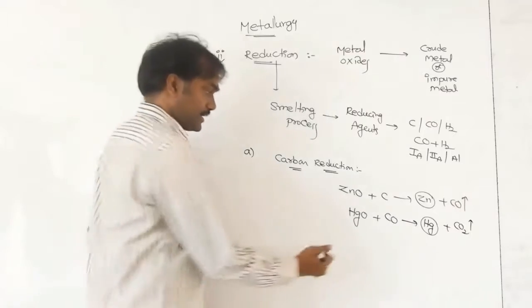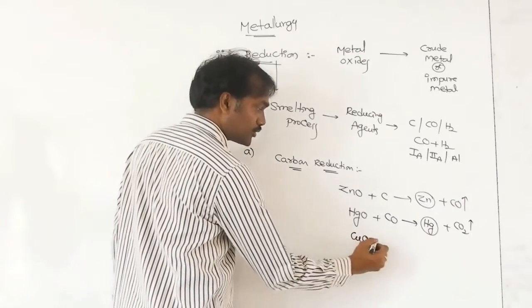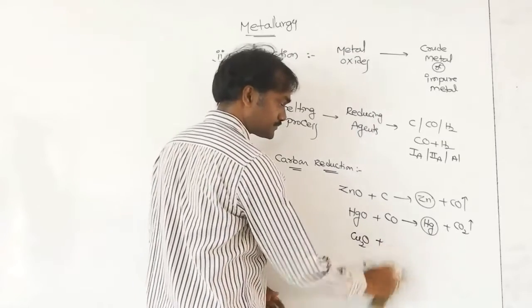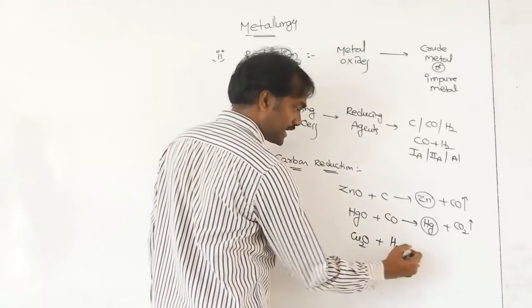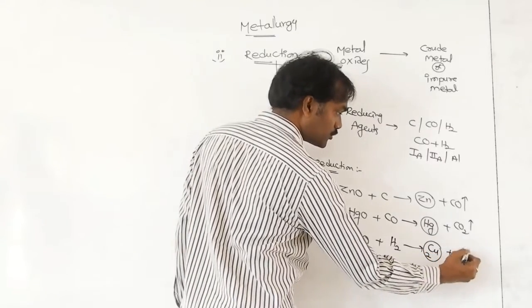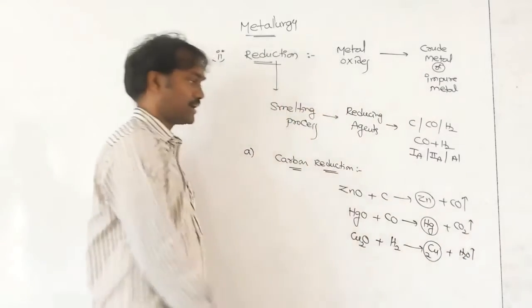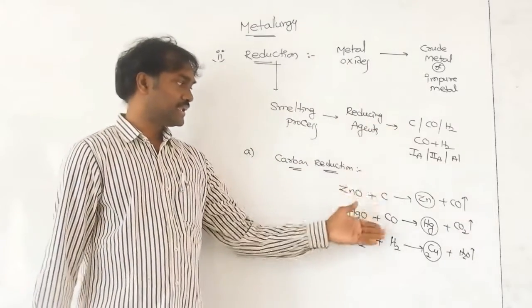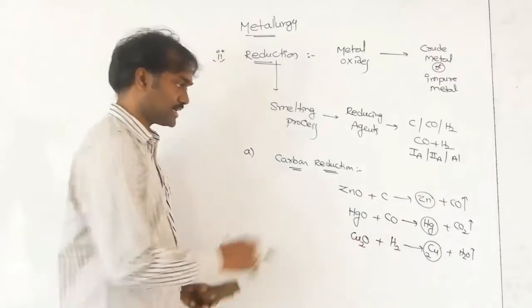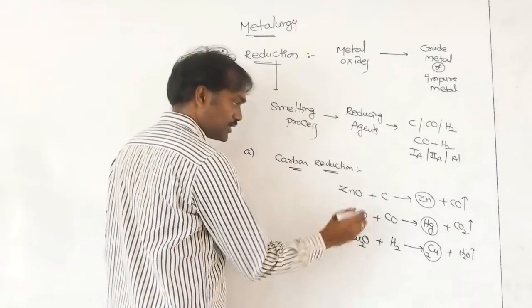So for any oxide, Cu2O reacts with CO plus H2. You take hydrogen gas, so CO2 is coming outside and H2O water vapor is going outside. So you can use anything: carbon, carbon monoxide, hydrogen, otherwise water gas.